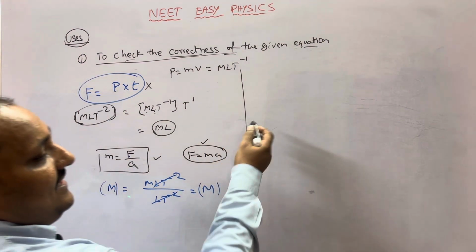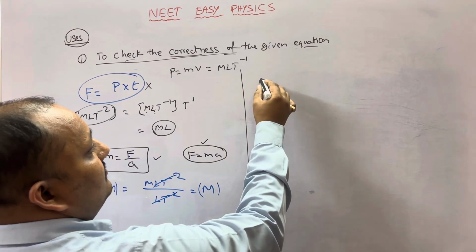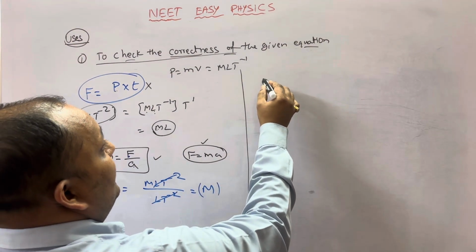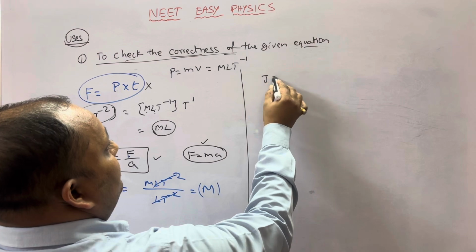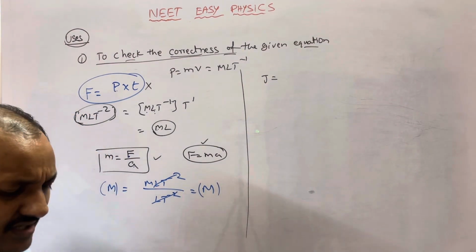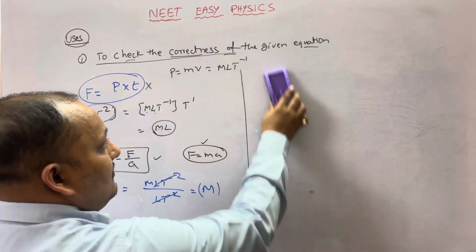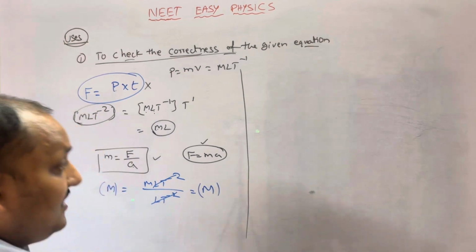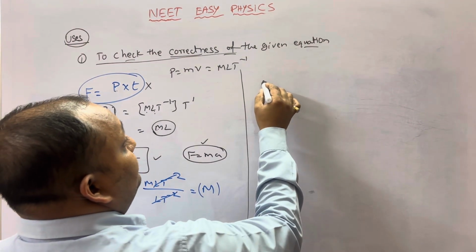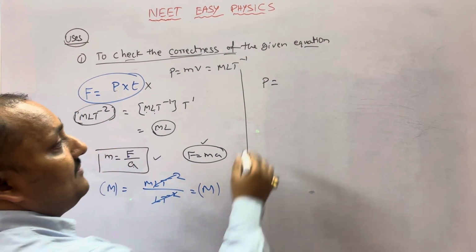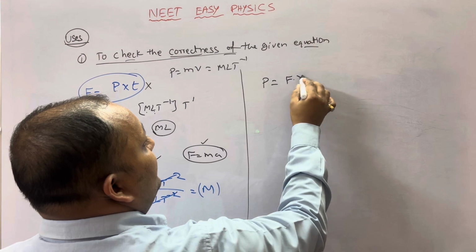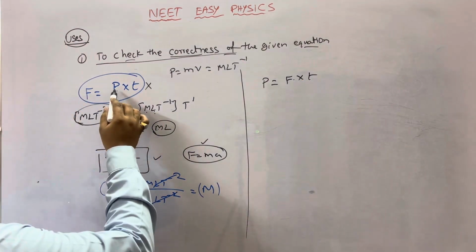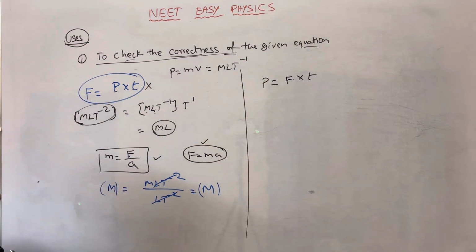Next take any other equation. What we can take is impulse. Take a simple one only; otherwise, if you don't know impulse, you cannot get the answer. So momentum is equal to force into time, impulse.